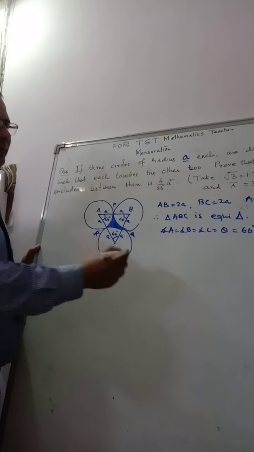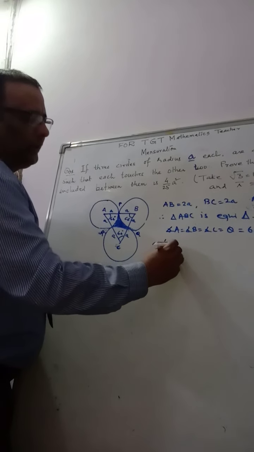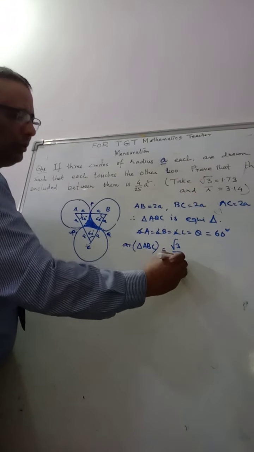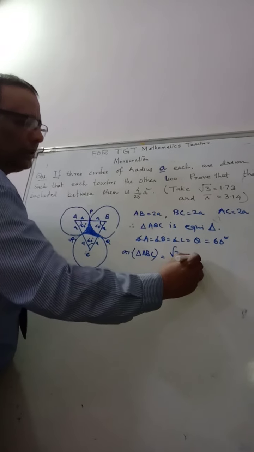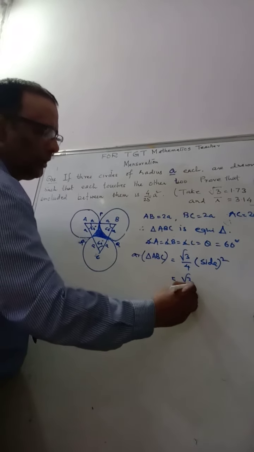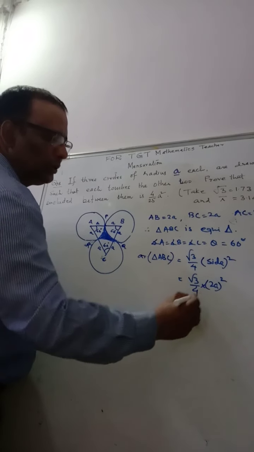So now first of all, the area of the equilateral triangle we are just finding. It is root 3 by 4 into side square. So it is root 3 by 4, the side is 2a, so it is (2a) whole square.